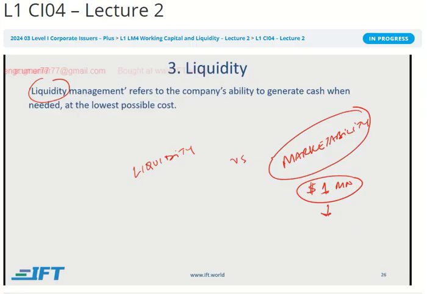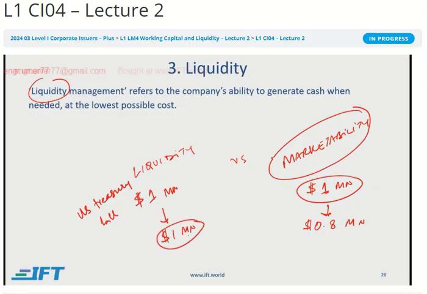But if you have to do it overnight on an emergency basis, you're probably going to take a significant hit on the price if you have to sell it overnight. But if you have, let's say, $1 million in US Treasury bills, you can convert it into cash for almost the same amount of money.